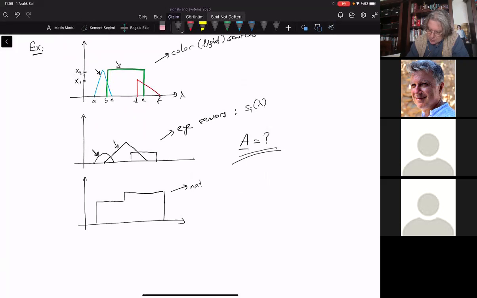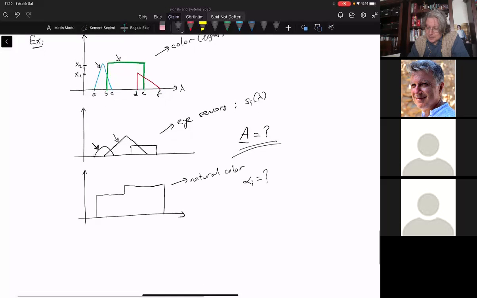So this is the natural color, like this maybe. From this natural color, you need to find alpha i's. So what are alpha i's? The first sensor response to this natural color, the second sensor response to this natural color, and the third response to the natural color. What will they be?